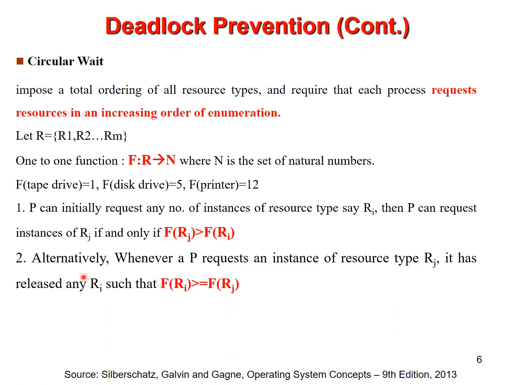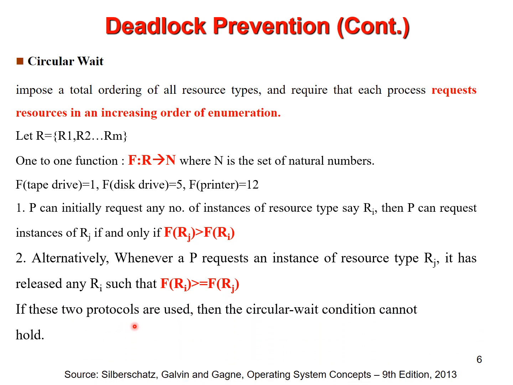The second protocol: alternatively, whenever a process requests an instance of resource type Rj, it must have released any Ri such that f of Ri is greater than or equal to f of Rj. If these two protocols are used, then the circular wait condition cannot hold.